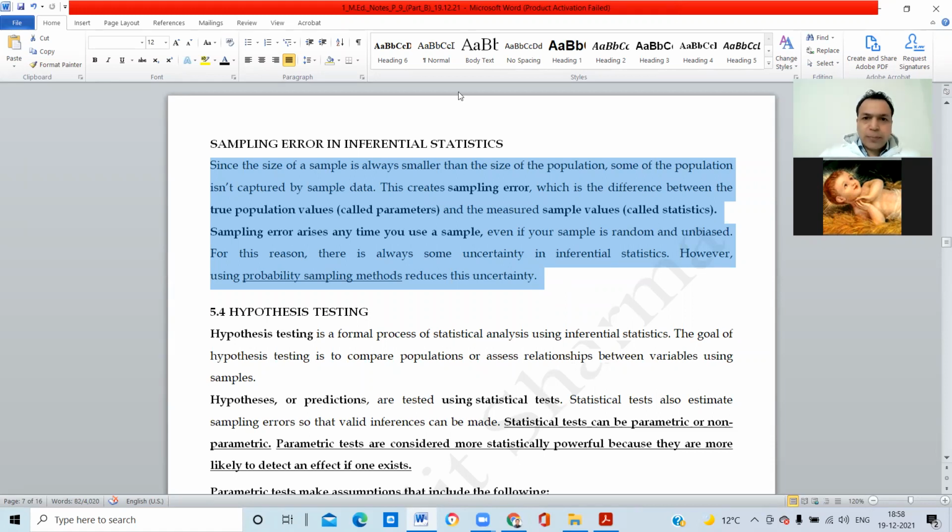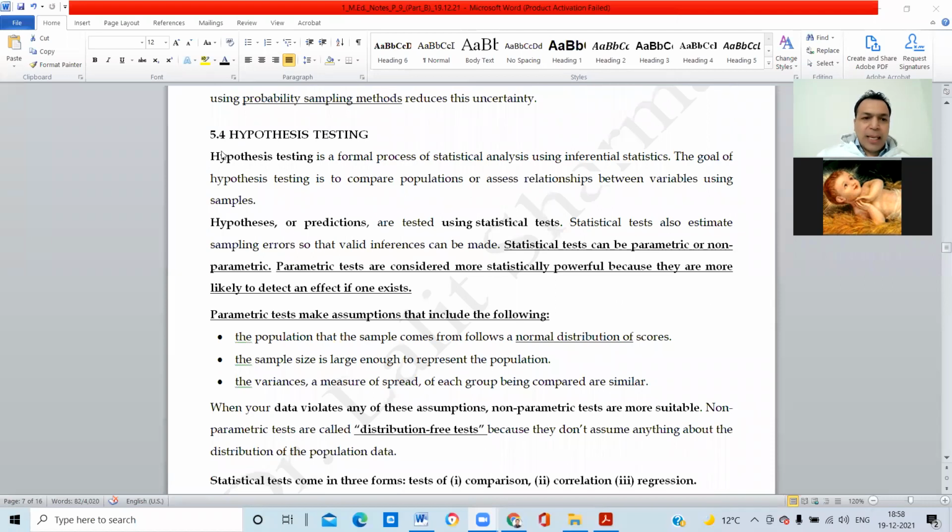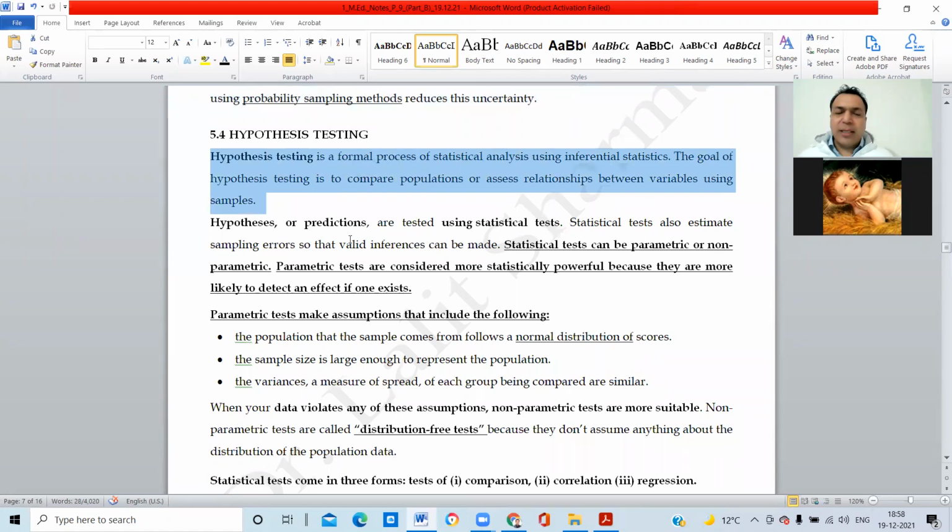Now we discuss hypothesis testing, which is a tool of inferential statistics. What is hypothesis testing? Hypothesis testing is a formal process of statistical analysis using inferential statistics. The goal of hypothesis testing is to compare populations or assess relationships between variables using samples.